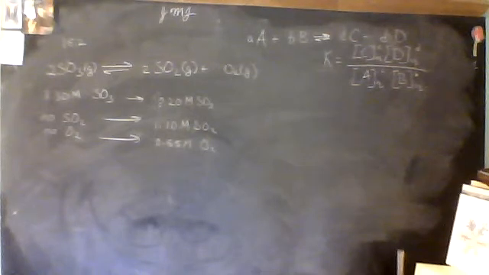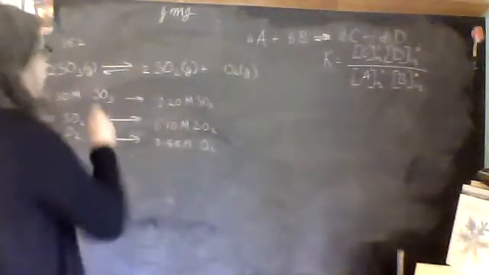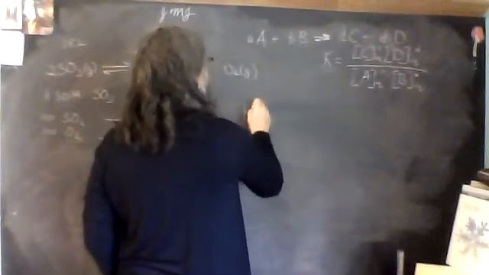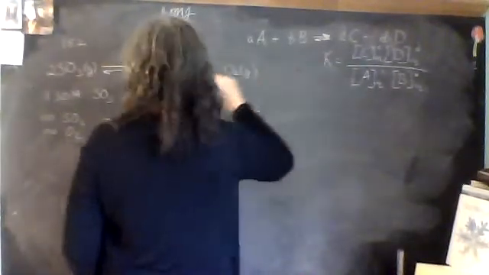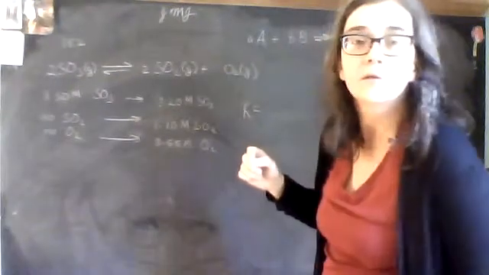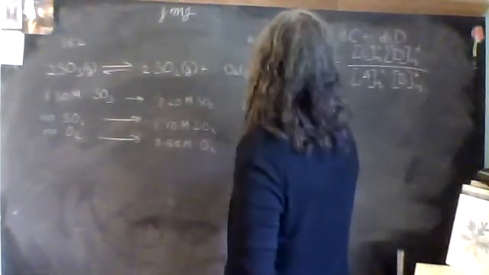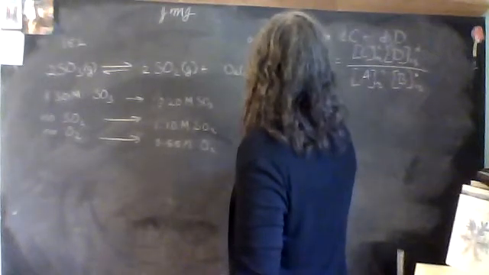So the first concentrations don't matter to us, because we only want to use the concentrations at equilibrium. So the K is going to be easy to calculate, as long as we put in the right numbers. I'll do the calculator business this time. The concentration of C is SO2.